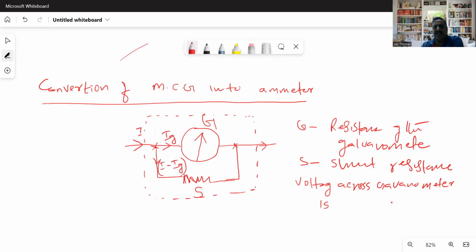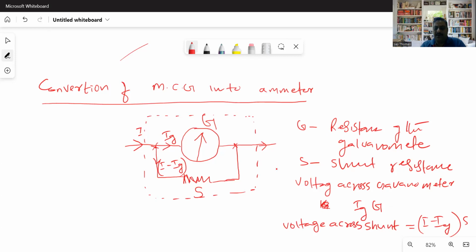So voltage across the galvanometer is Ig into G. Voltage across the shunt equals current through the shunt, I minus Ig, into resistance of the shunt.